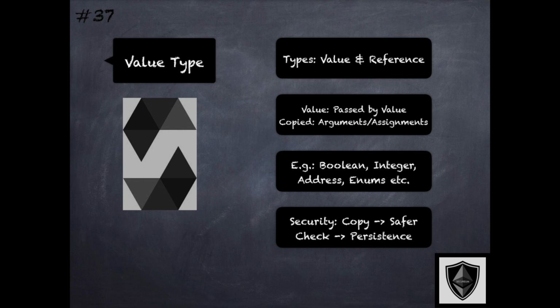But then one should also check that any assumptions around the persistence of the values are being considered properly. This will become clearer once we talk about the reference types and once we look at some of the security aspects in the later modules. But this is an interesting perspective that needs to be kept in mind when it comes to the types in Solidity.